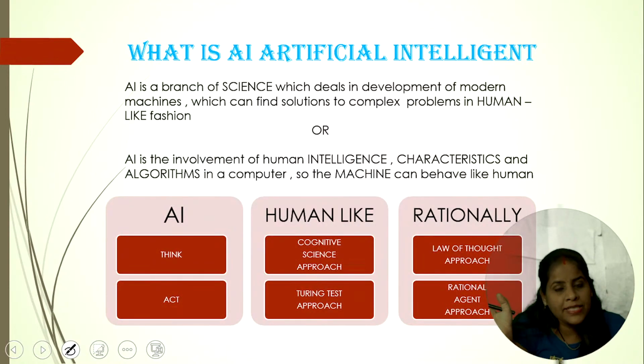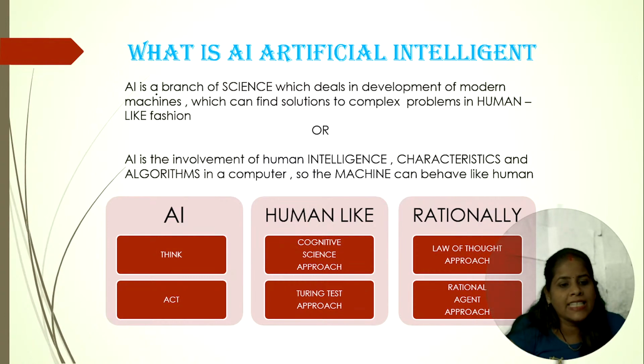What is artificial intelligence? Artificial intelligence is a branch of science, computer science, which deals with the development of modern machines. Now there are so many machines: Alexa is there, smart watches are there, and so many devices. Modern machines can find solutions to complex problems in a human-like fashion.